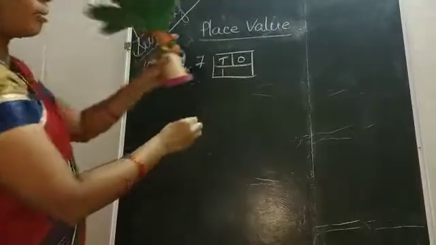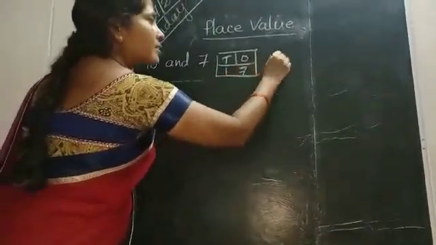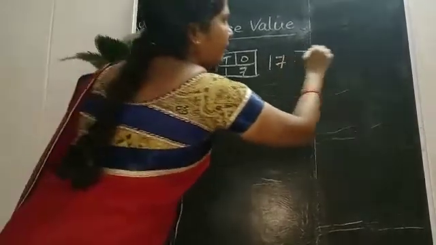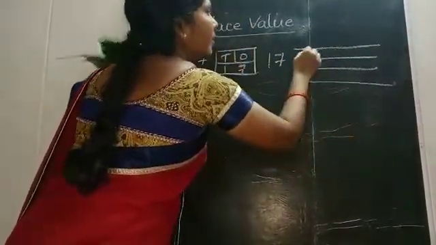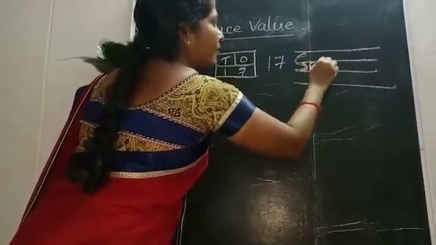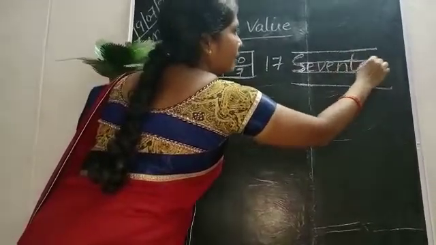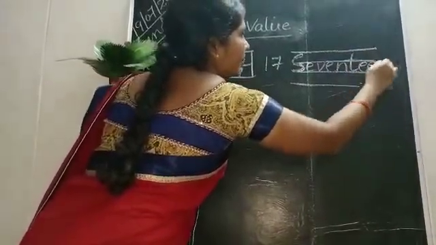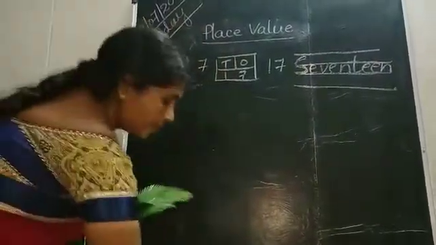And ones? How many ones? 7. One ten and 7 ones, 17. What's the spelling? SEVENTEEN, 17. Okay, next again, see.